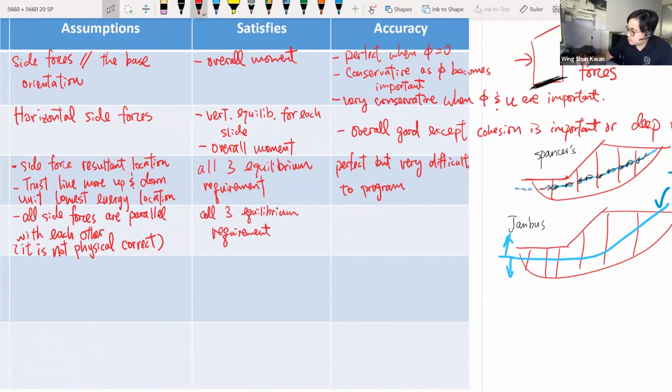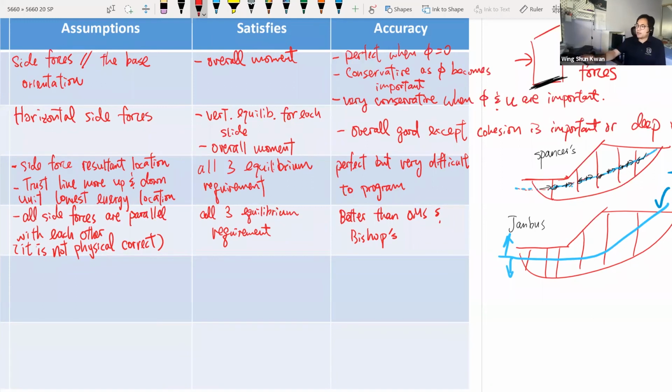So the accuracy of this one, at least, is better than the OMS and the Bishop method. You need to realize that these methods are better, but there's a trade-off, which is much more computational work.